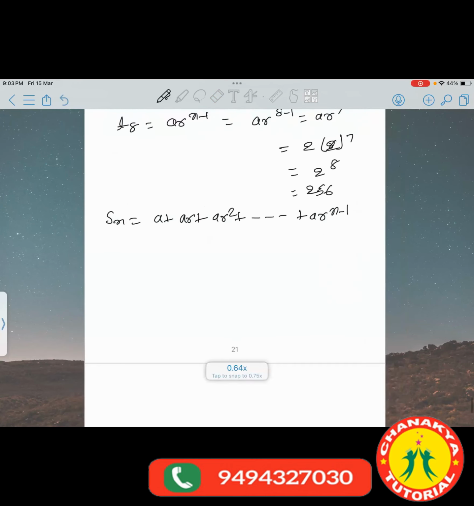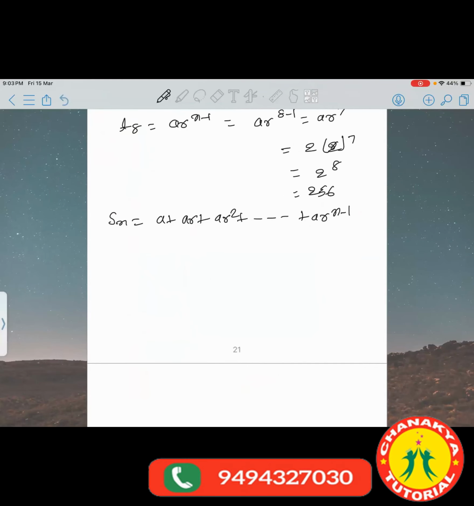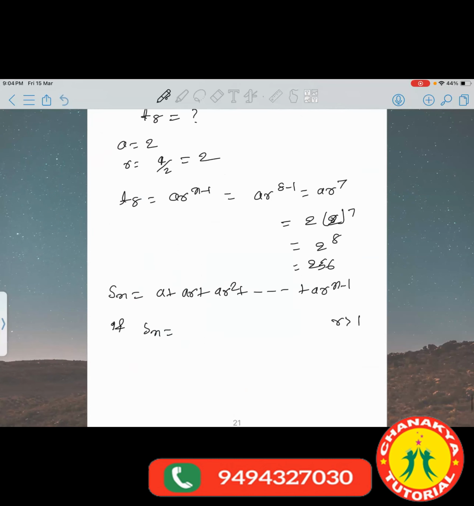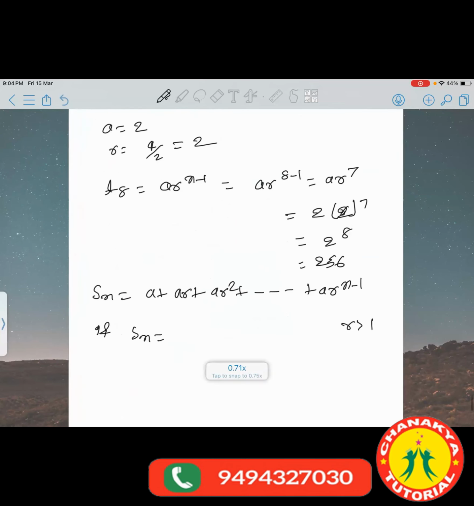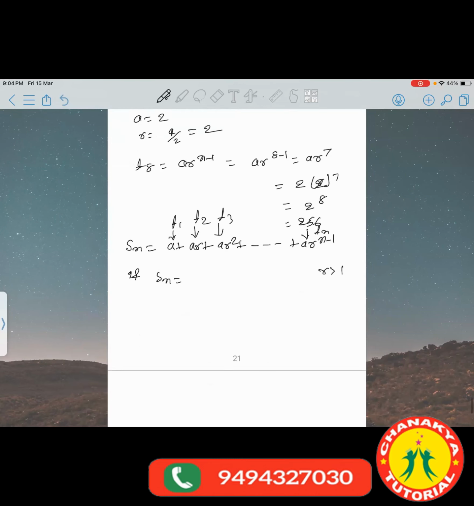Can anyone say the formula for Sn? This is T1, this is T2, this is T3, like that up to Tn. Anyone know the formula?